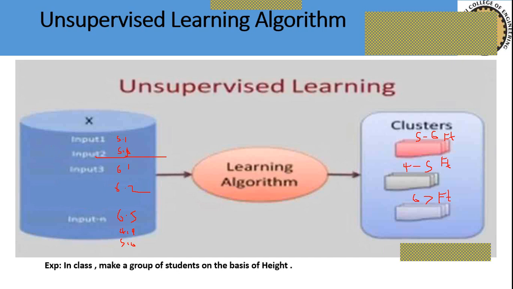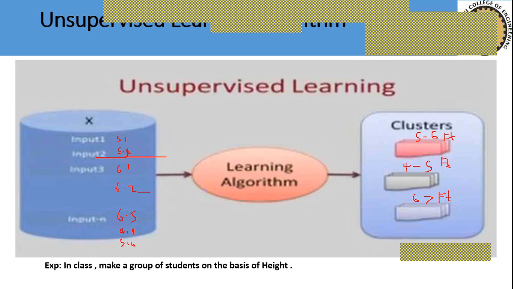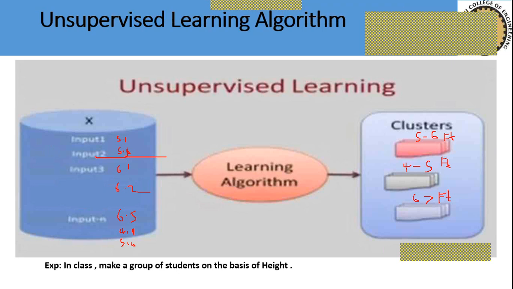So this is called unsupervised machine learning, where we are not providing a labeled data set during the input. The machine learning algorithm has given you the data, categorical data, and then we are using them.